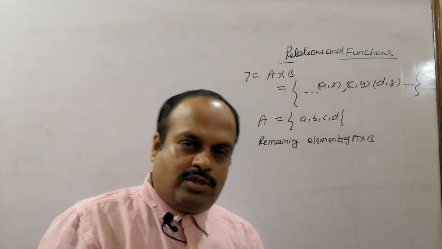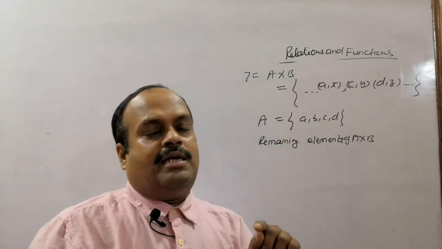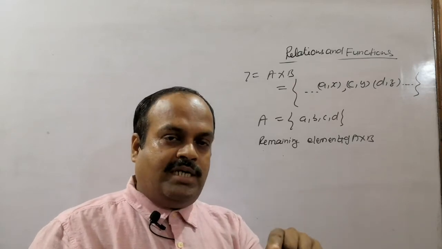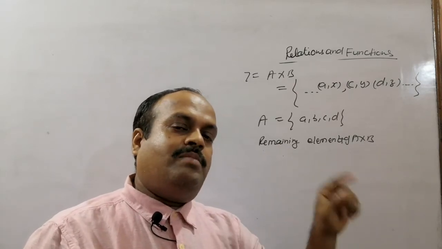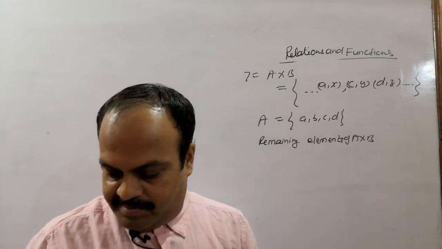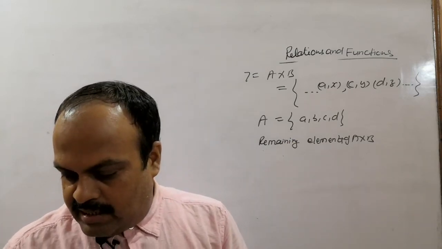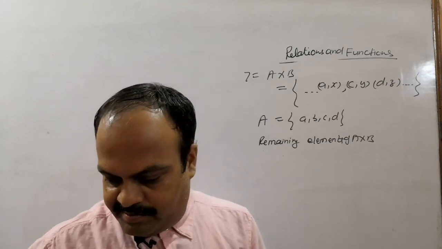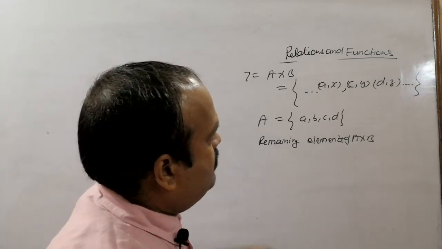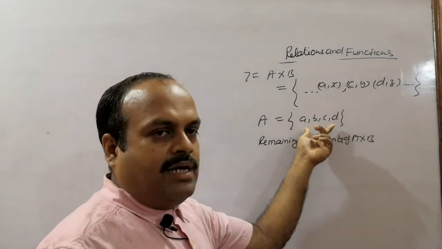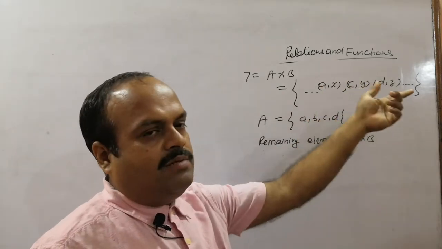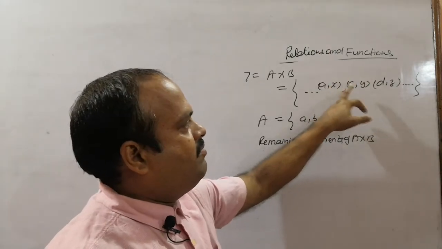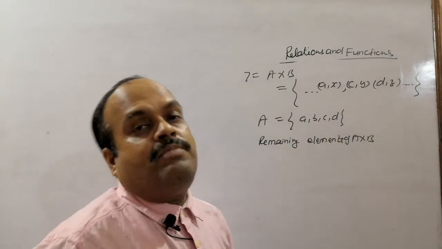In A cross B, the first entry of every ordered pair belongs to set A, and the second entry belongs to set B. So we want to find the remaining elements of A cross B. A has 4 elements, B has 3 elements, so there will be altogether 12 elements. We have only 3, so the remaining 9 we will write.